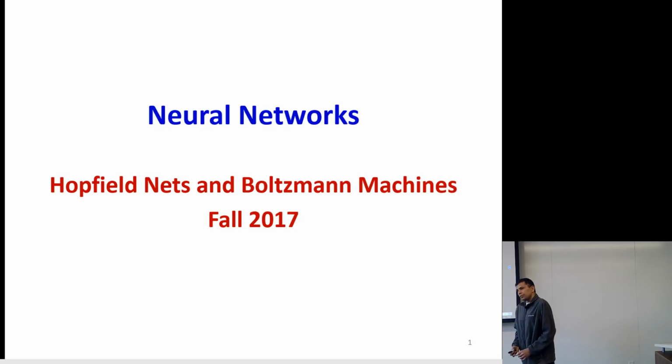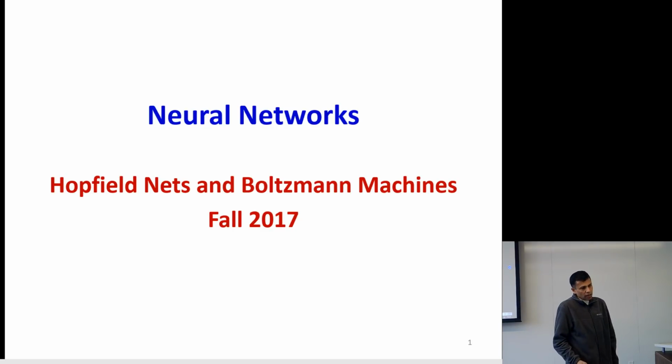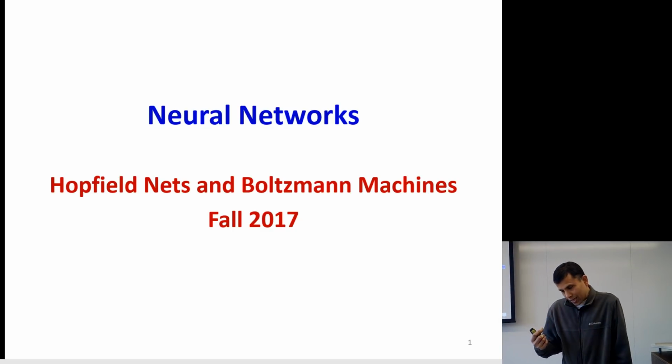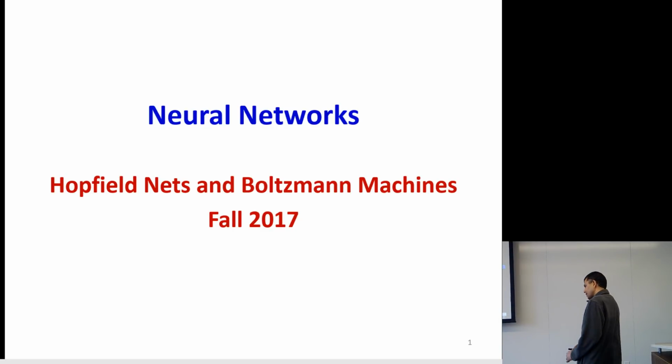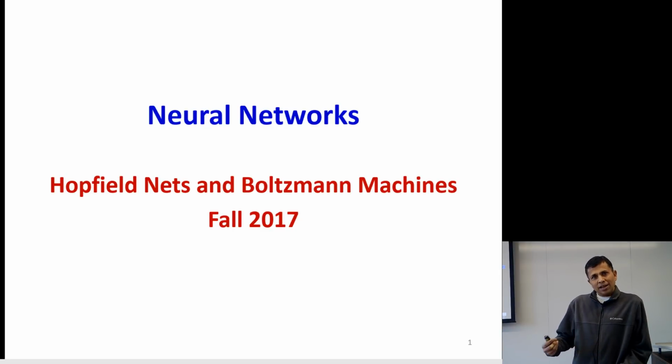So I'm going to continue with the final lecture on Hopfield networks and Boltzmann machines. I spent an extraordinary amount of time on Hopfield networks, and I'm going to continue to do so because Hopfield networks are just so much easier to understand than Boltzmann machines, which are presented as a bit of a mystical object, right?